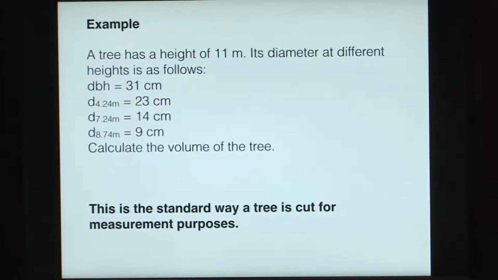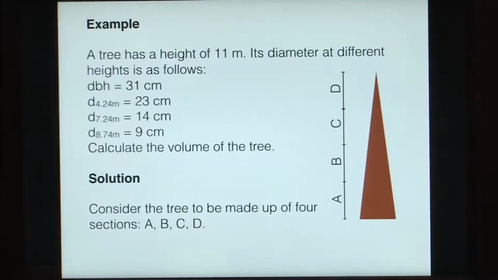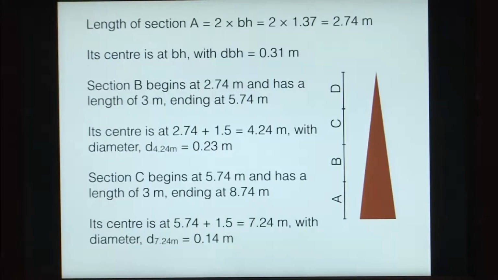Now, this is the standard way in which a tree is cut for measurement purposes, and as we had discussed in that lecture, we divide our tree into a number of sections, in which the first section is considered to be of a length of twice the breast height, so that we could use the middle diameter, or the diameter at breast height, to compute its volume.